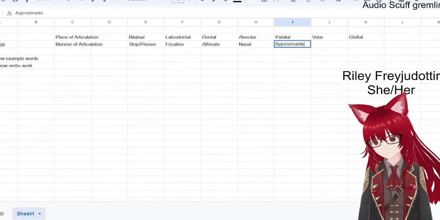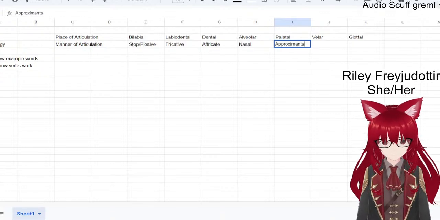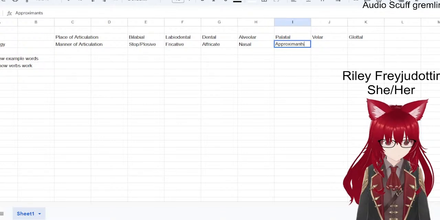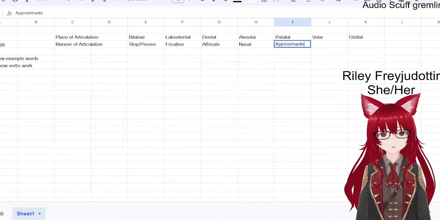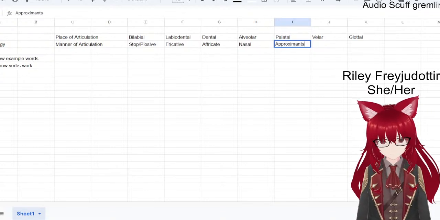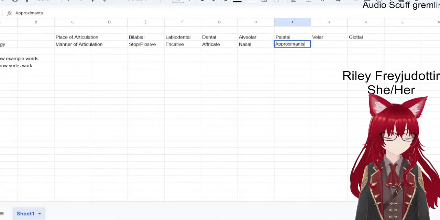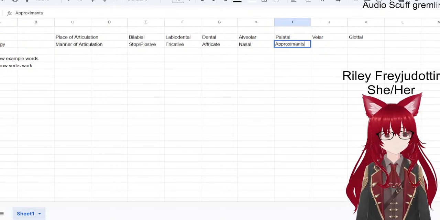Like what Spanish does to the consonants in the middle of words: stops and some fricatives become approximants.